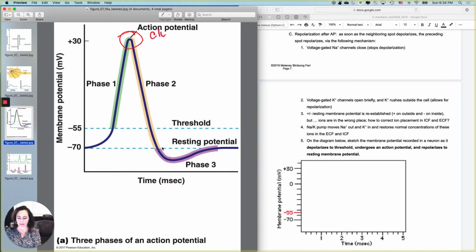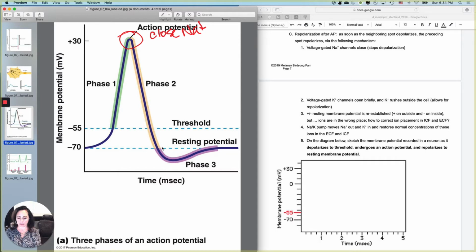I should close my sodium channels, voltage gated sodium channels. And then what's a really quick way to make me go all the way back toward minus 70 from 0 or positive 30? What's a quick way to do it?